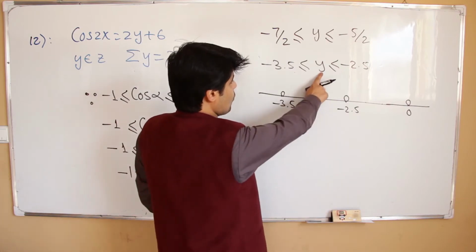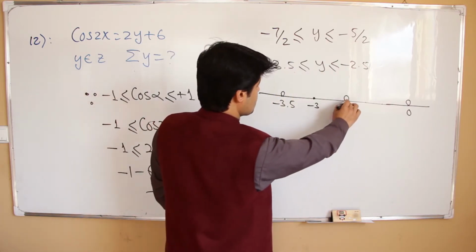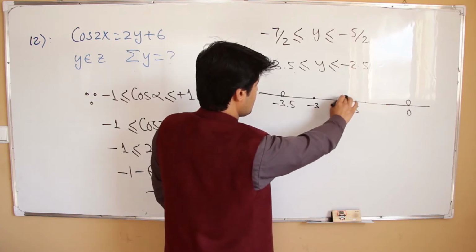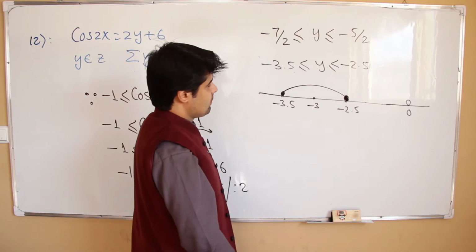This y varies from minus 3.5 up to minus 2.5: it is greater than minus 3.5 and smaller than minus 2.5.